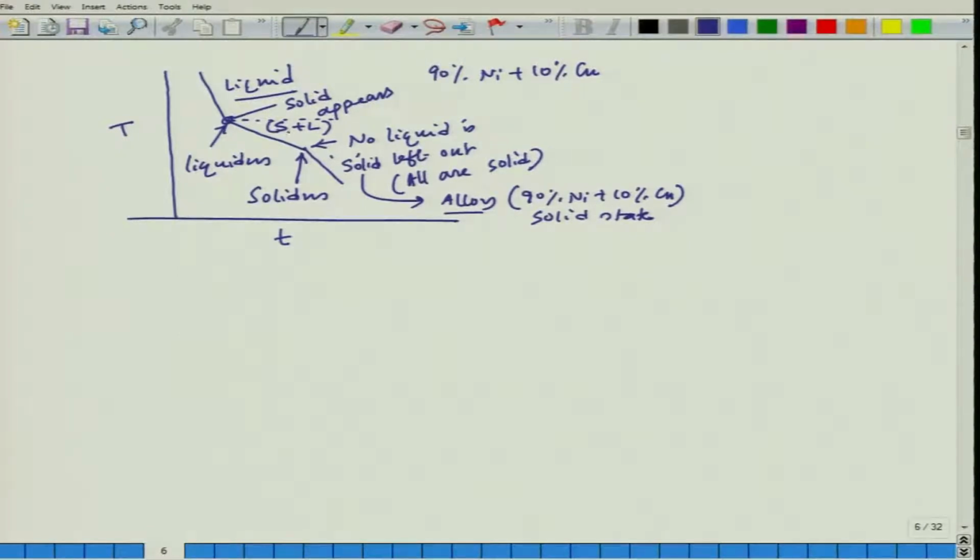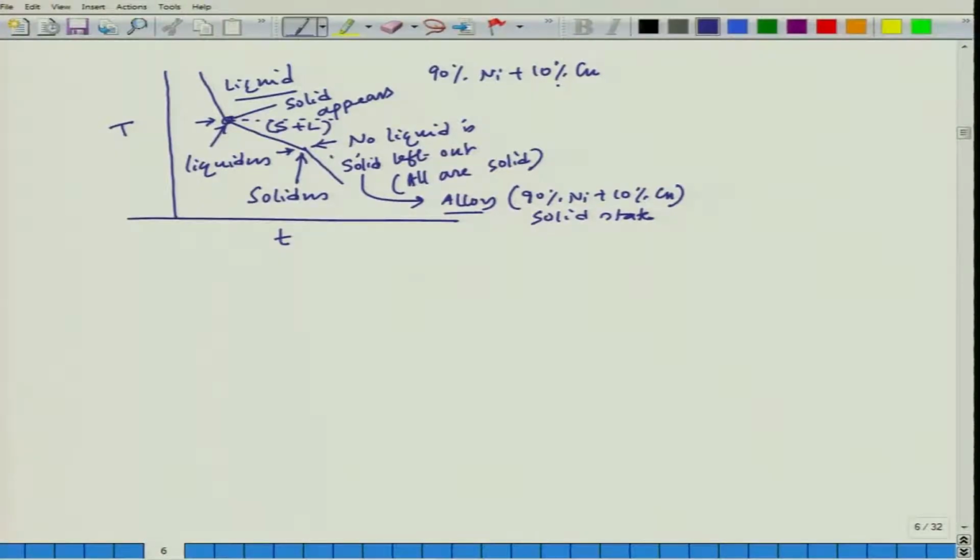We will come to this particular part later on, because these phases, we are just indicating phases, but the composition varies continuously from this point to this point, and that variation of composition as well as the fraction of solid and liquid can also be determined once we get an idea of phase diagram.